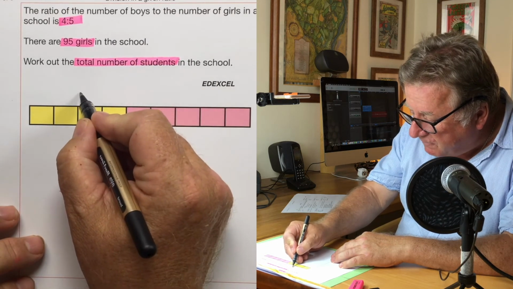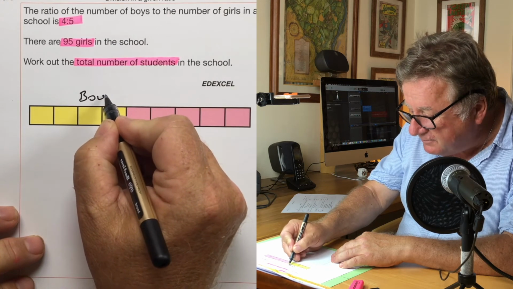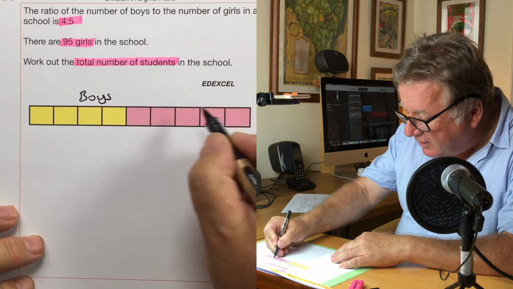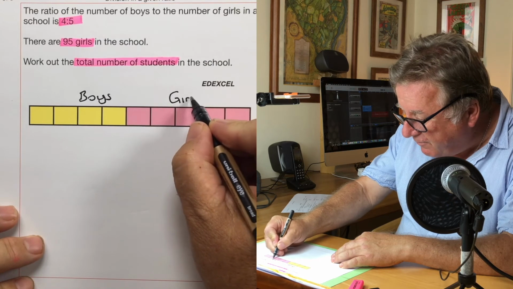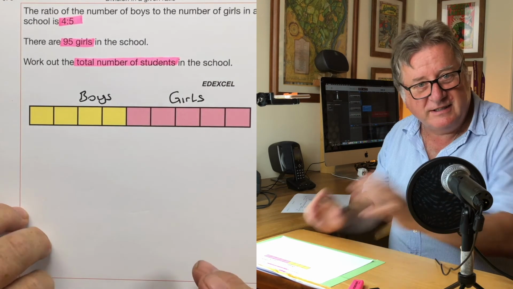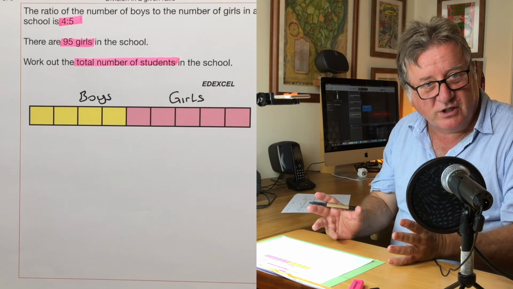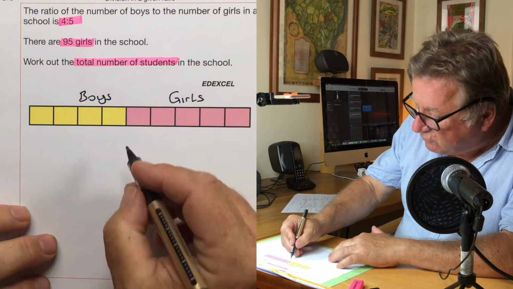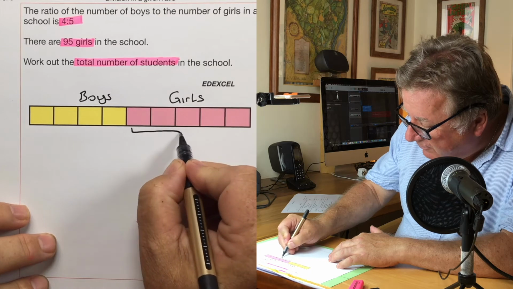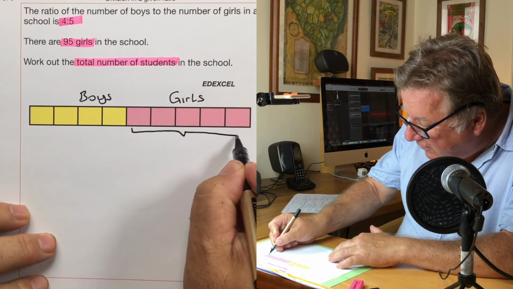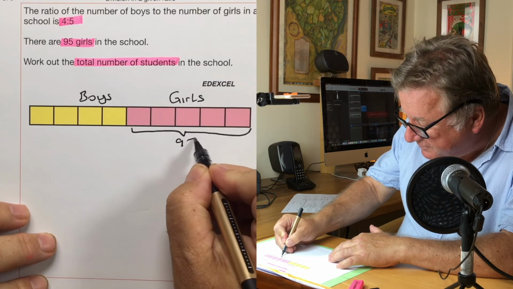So boys, 4 parts. Girls, 5 parts. Now the difference we've got now is that there are 95 girls. Okay, so we now need to write down 95 girls.